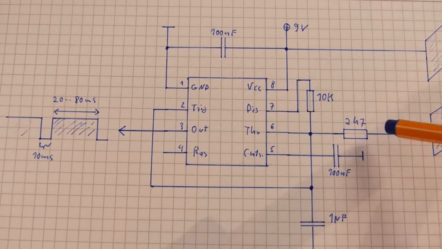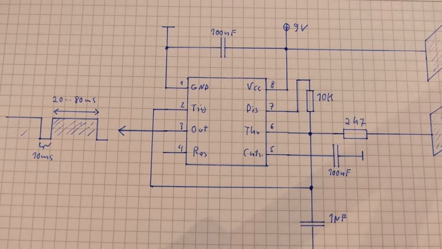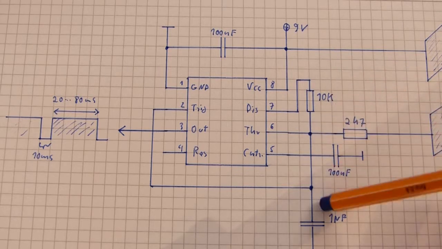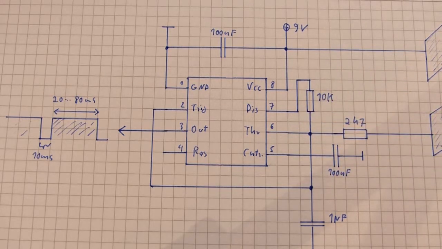This resistor here is just for safety reasons, because when you are short-circuiting those plates accidentally, then a lot of current flows into the capacitor and maybe into the device. So I decided to bring in this small resistor that doesn't change the readings or the impulse length remarkably, but gives some more safety against this short circuit.